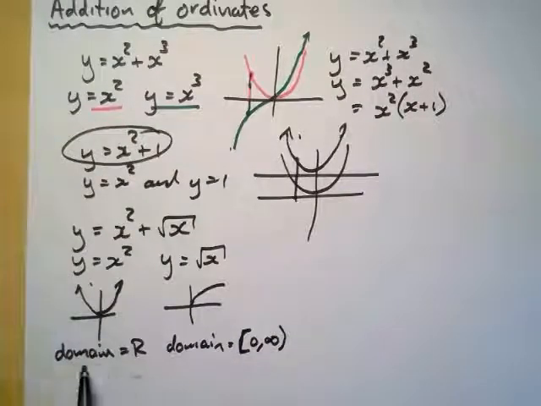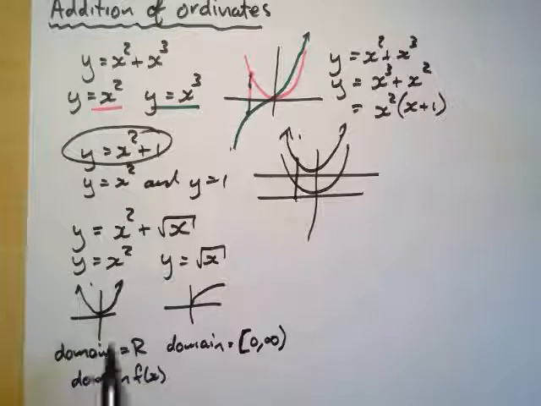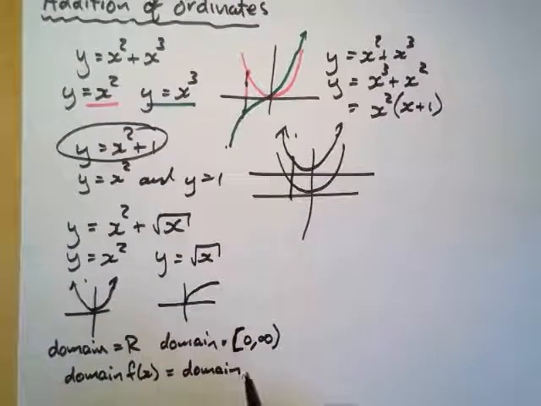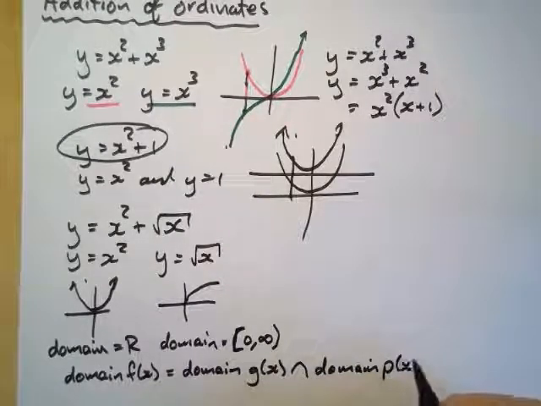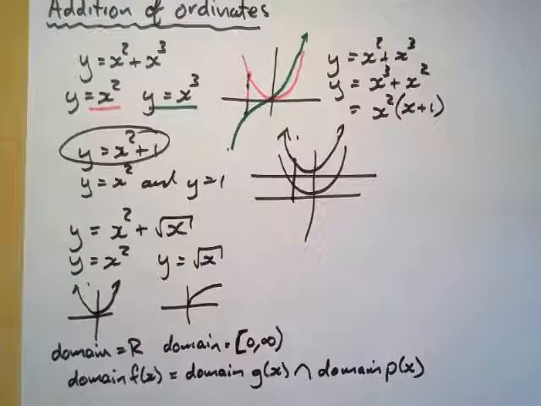Which means my rule is that the domain of f(x) for that whole thing equals the domain of g(x), whatever g(x) is, intersected with the domain of h(x), or they call it p(x). So what it means is, if I want to add these coordinates, I can only add them where both of them exist.